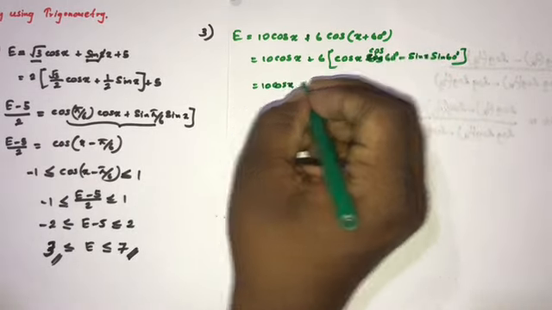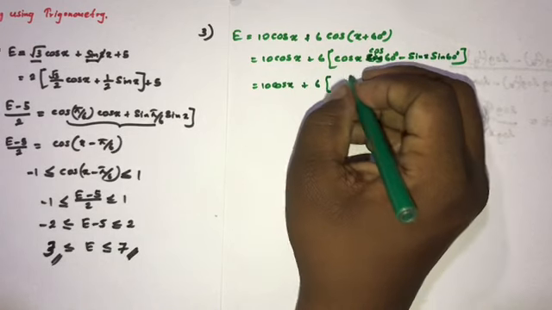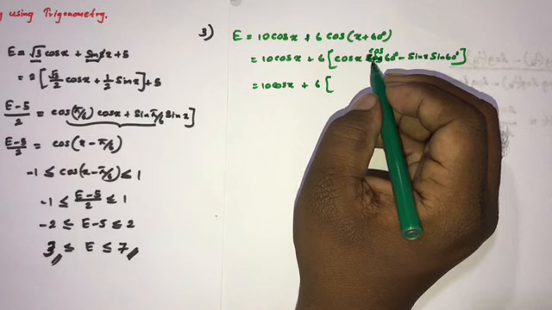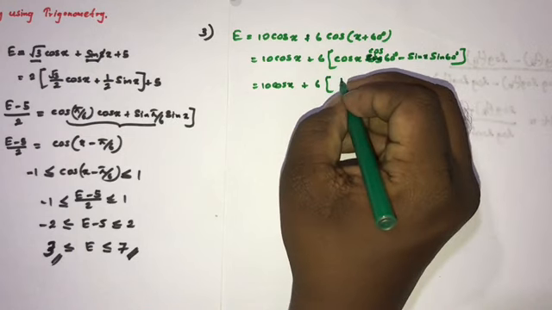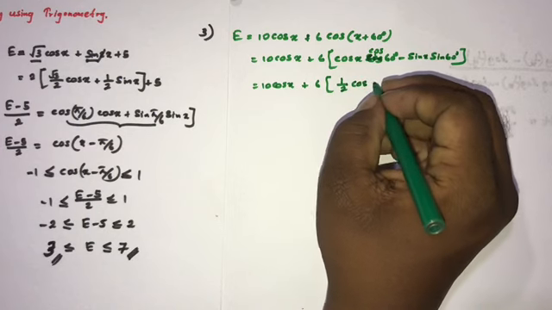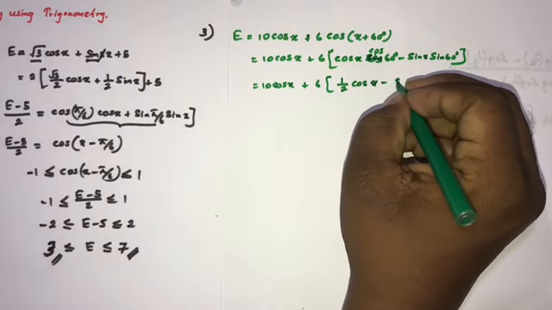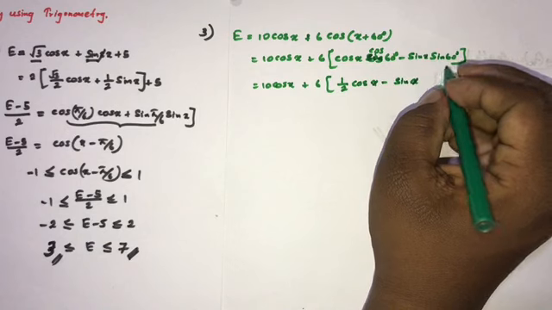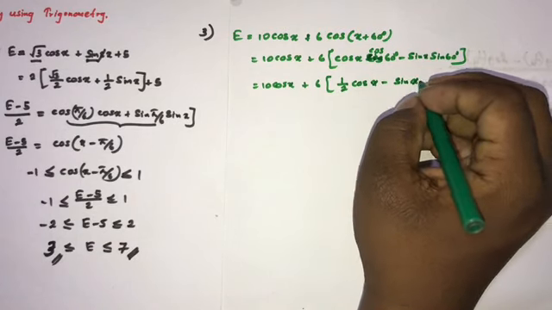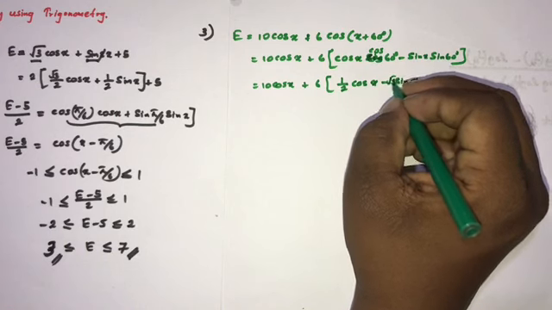10 times cosine of x plus 6 times, cosine of 60 we know is 1/2, cosine of x minus sine of x, sine of 60 we know is square root of 3 over 2.